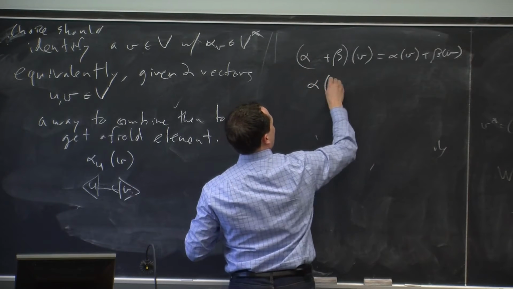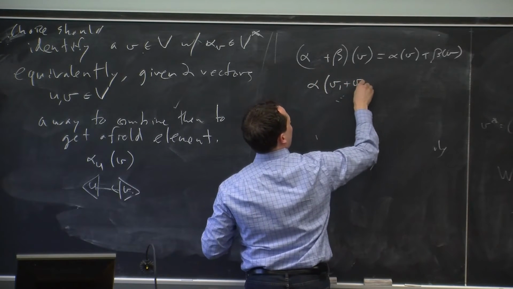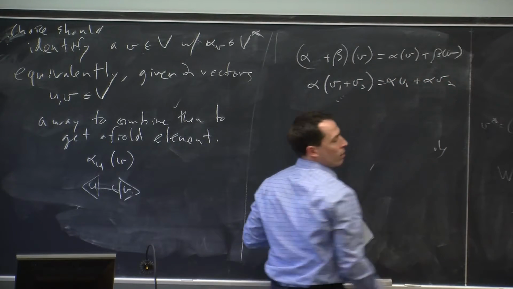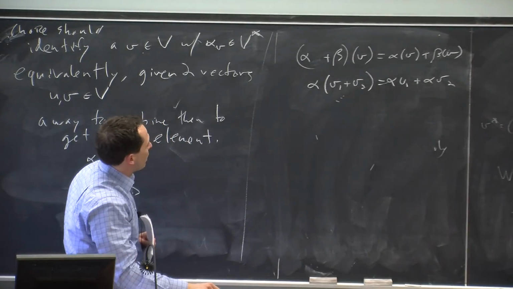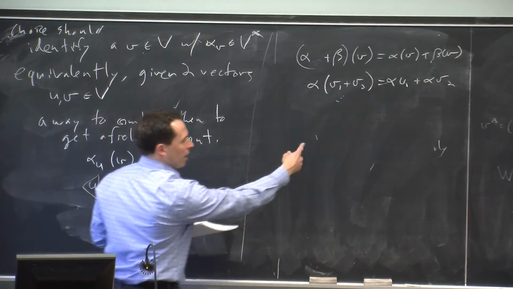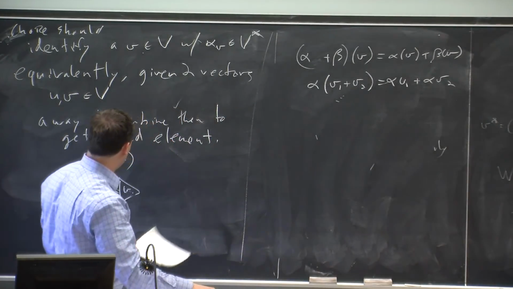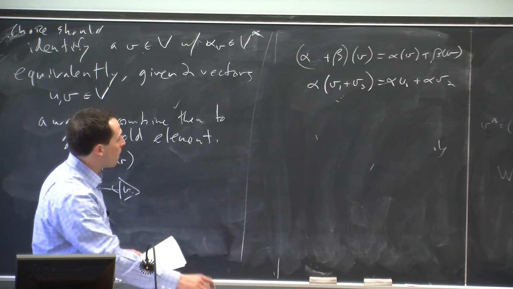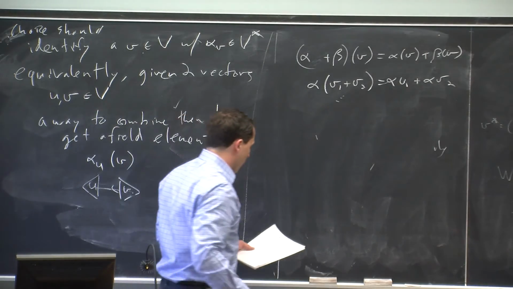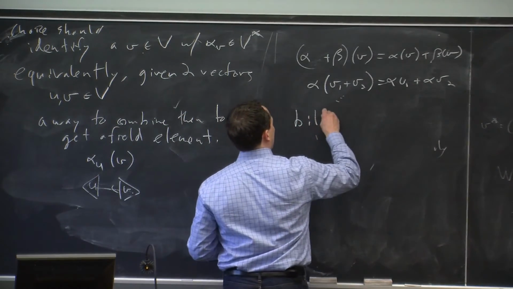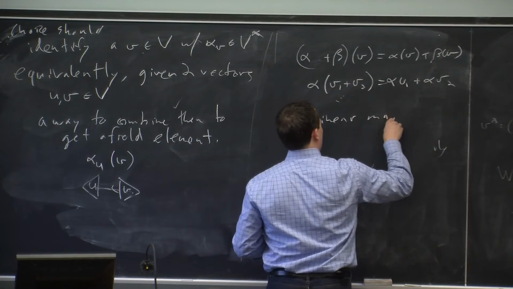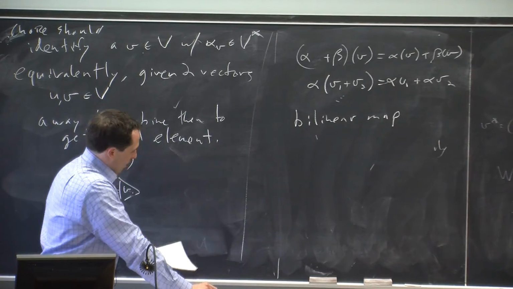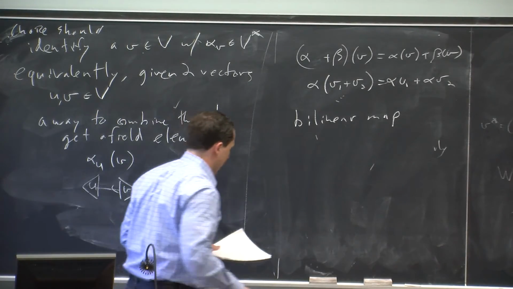And it's also true that alpha of V1 plus V2 is equal to alpha of V1 plus alpha of V2. Right? If alpha is a linear transformation. And scalars work more or less similarly. So we want something that is as linear as possible in both sides. That's part of our desiderata. So we want a bilinear map. And there's a wrinkle to that, which I'll talk about in a second, but that's the idea.